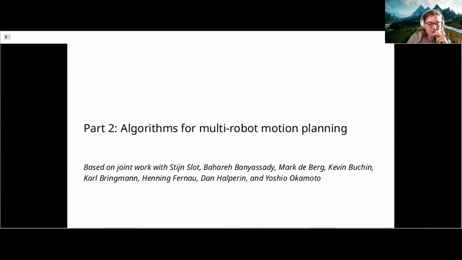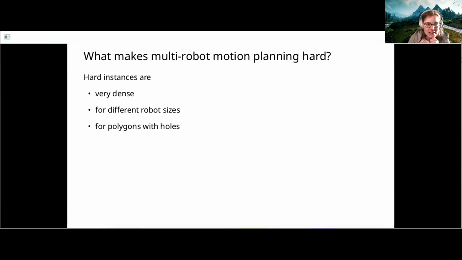Okay, so moving on from hardness results to trying to develop algorithms, what makes these kinds of problems hard? All the hardness constructions pack the robots very densely.